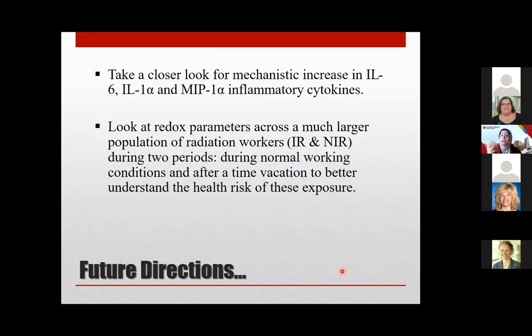We need more numbers in non-ionizing radiation by recruiting more from ultrasound as well as from magnetic resonance imaging. And also to assess the level of the redox parameters during two periods of time, during the normal working condition, as well as after taking some time of vacation, because we believe that with vacation, you can mitigate these effects, and that's what we want to look at and see what recommendation we can give these workers.